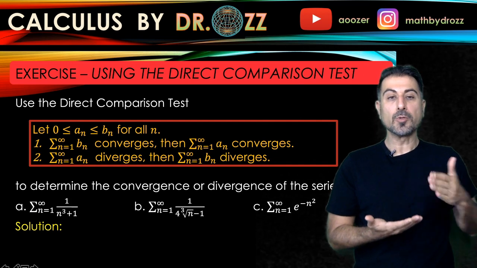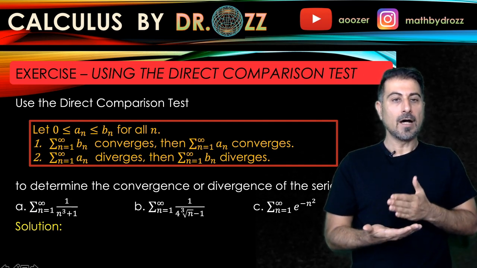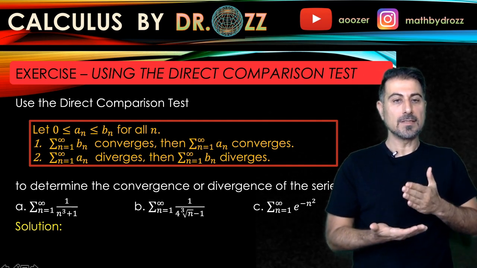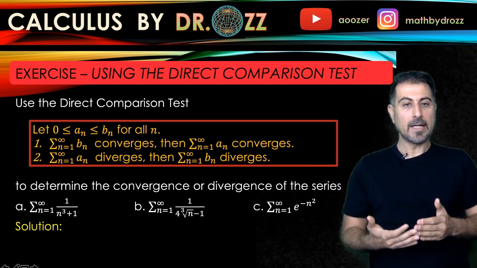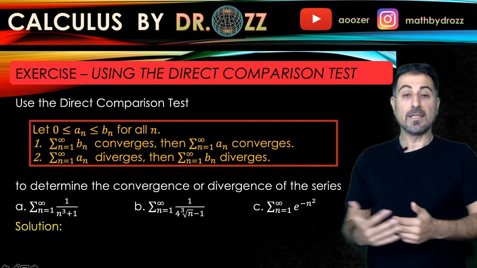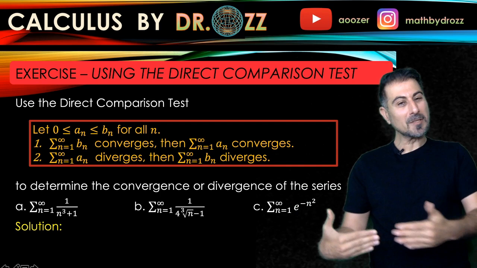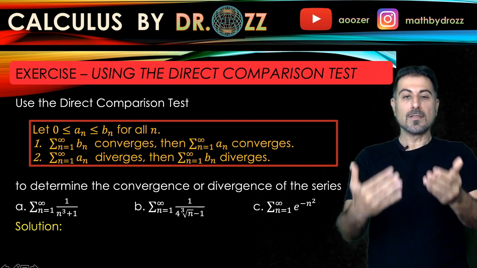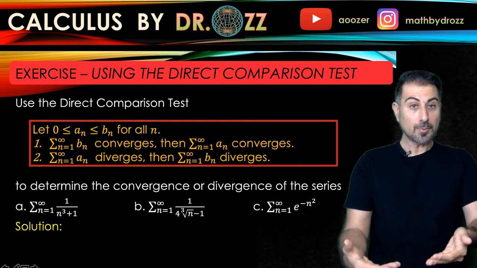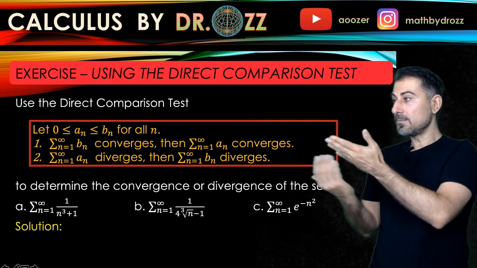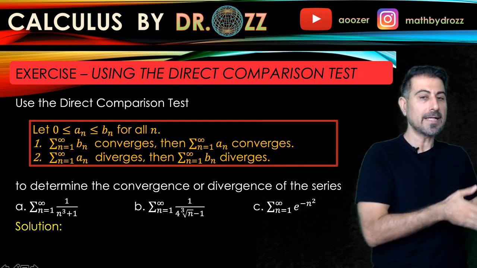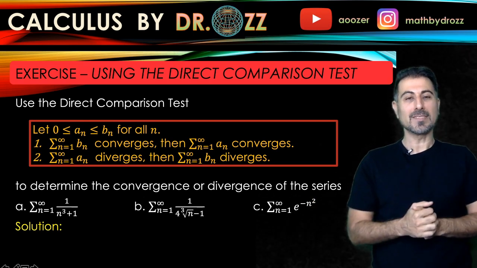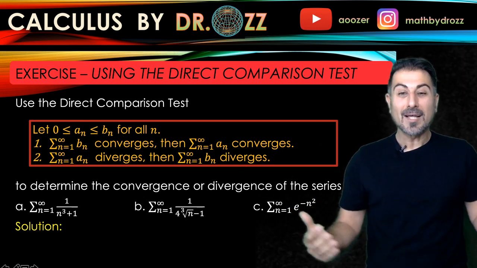But it's your judgment at the end of the day to see which test is the best to apply to the given infinite series. Since we're learning the tests at this moment, the test we use is given in the problem, like in this problem, which says use the direct comparison test to prove the convergence or divergence. Anyway, we're given three infinite series.